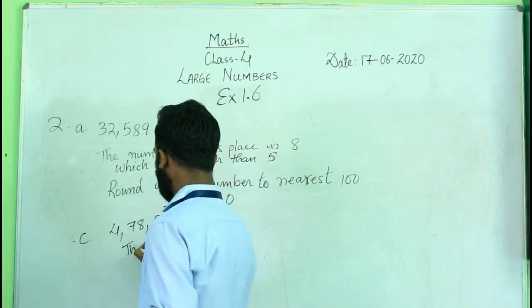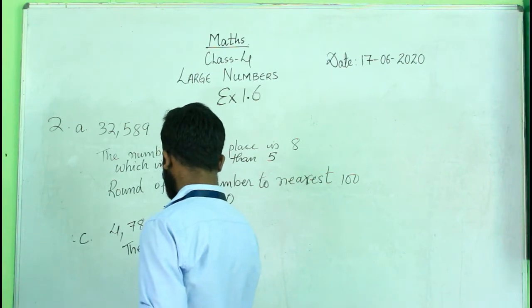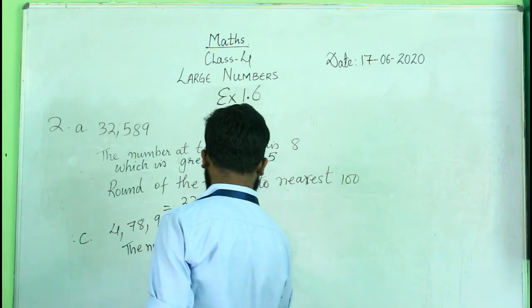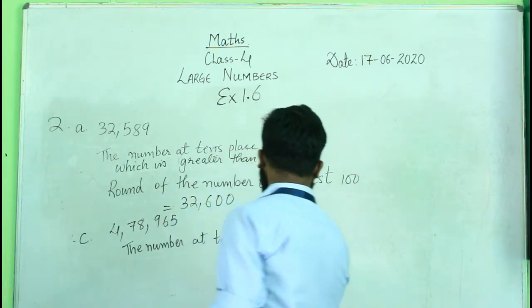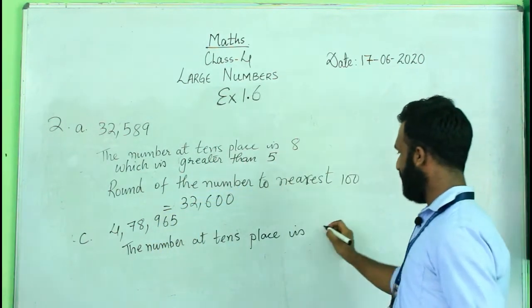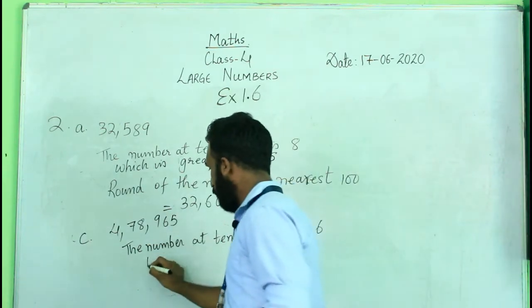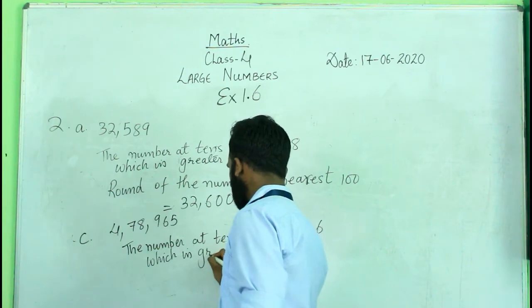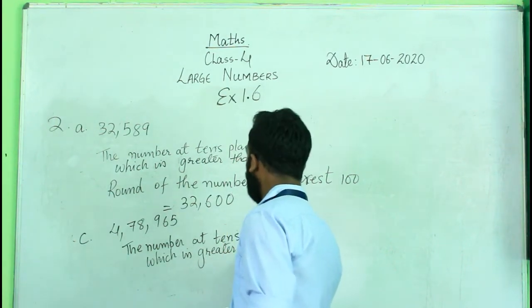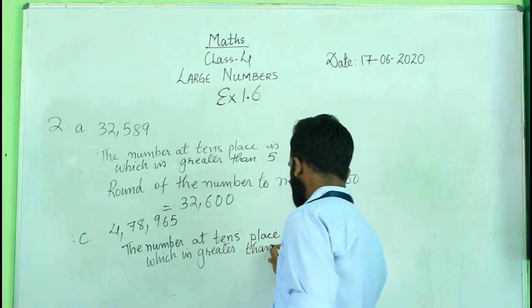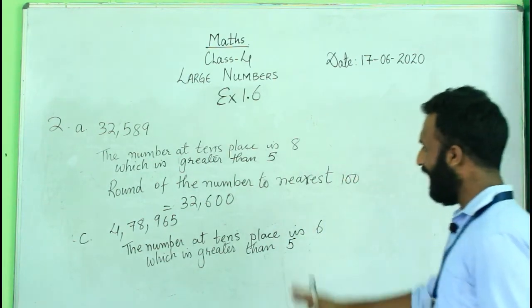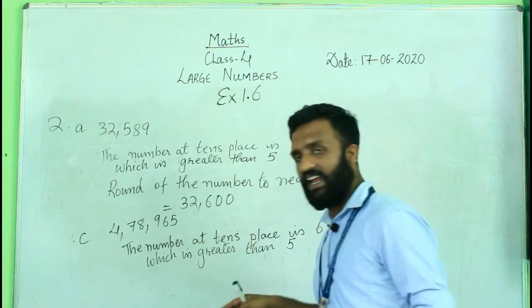The number at the tens place is 6, which is greater than 5.